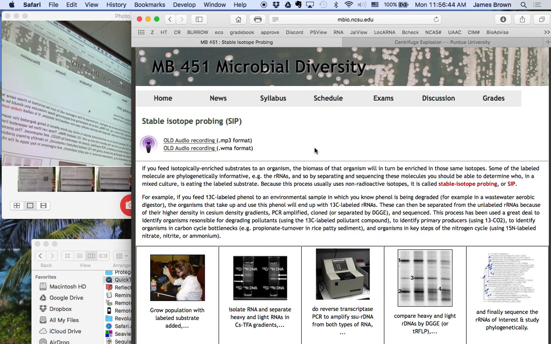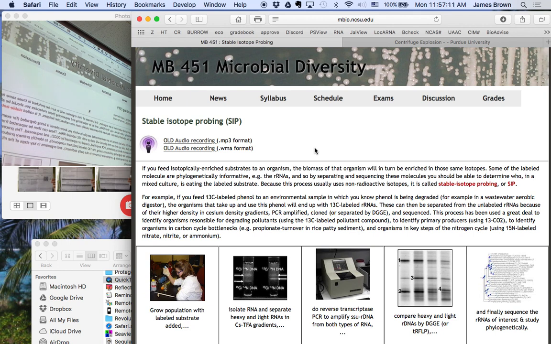And so the trick is that if you want to find out what an organism can do, you feed it the substrate for the reaction you're measuring and allow the cell to be labeled by that. Now, you can't do every experiment this way, but generally speaking. For example, if you've got a wastewater treatment facility where phenol degradation is happening, this is all the time.